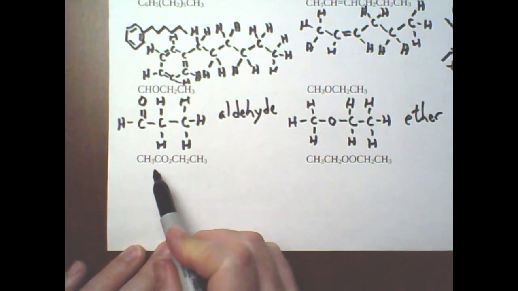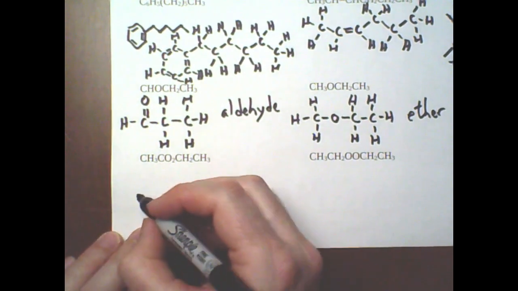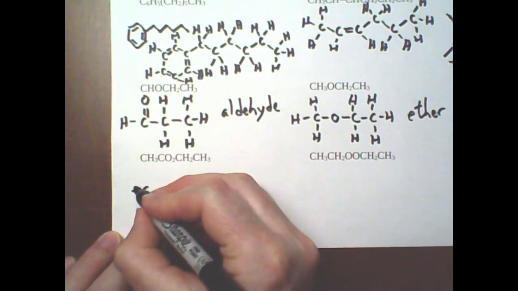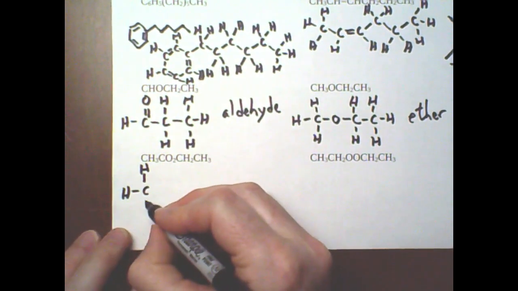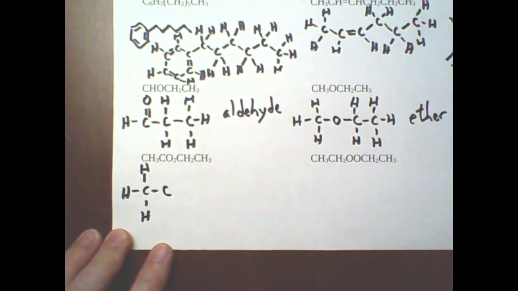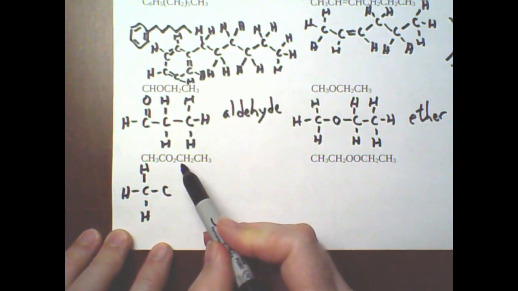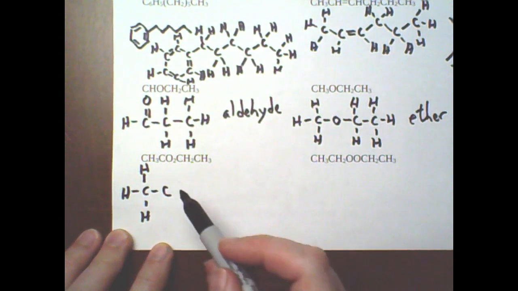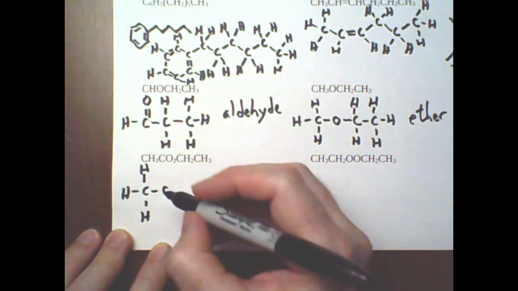Here we've got something again with O's in between C's. Our first C is straightforward. 3 H's, and then it has to go to the next C. Now we've got 2 O's and a C. These 2 O's are both bonded to this carbon here.